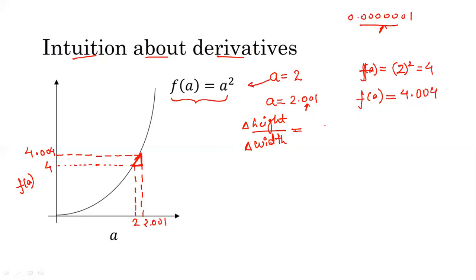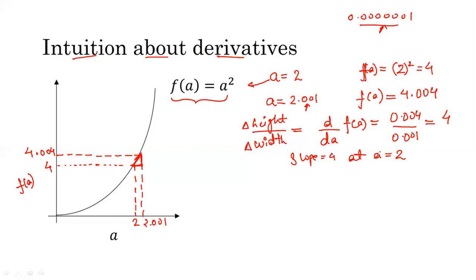So the change in height would be represented as d upon d of a of f of a. The change in height would be 0.004 upon 0.001, and that would be equal to 4. So the slope would be equal to 4 at a equal to 2.